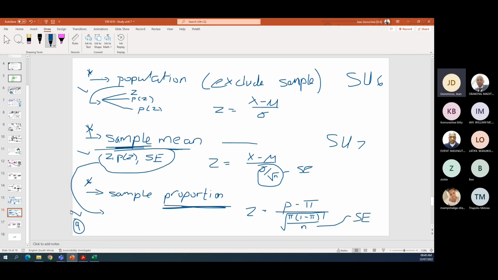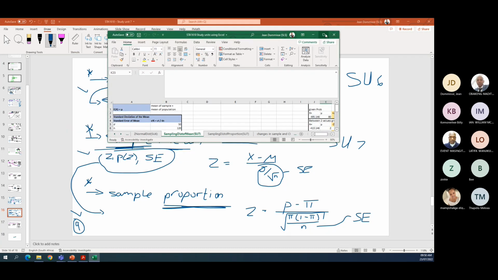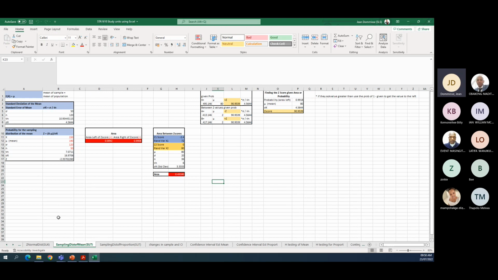That is nearly how I see assignment 3 pan out: 3 or 4 questions on the population, study unit 6, 3 or 4 questions on sample mean, and 3 or 4 questions on sample proportion. Okay. So let's also just introduce the Excel.